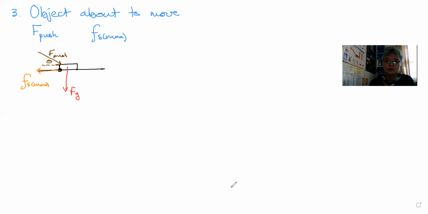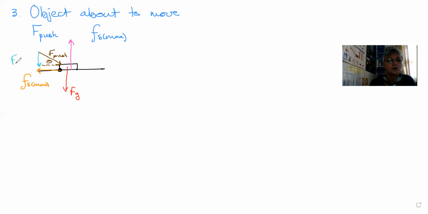The normal force now would be much more than the gravitational force because the applied force has a downward component here.